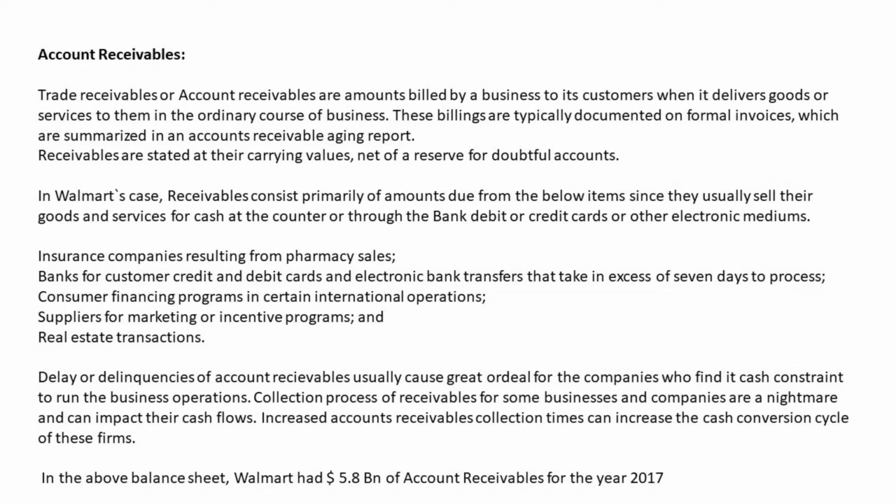So typically these are billings which are documented on formal invoices, which are consolidated into a view of receivables along with an aging report. Now receivables are stated at their carrying values net of a reserve for doubtful accounts.